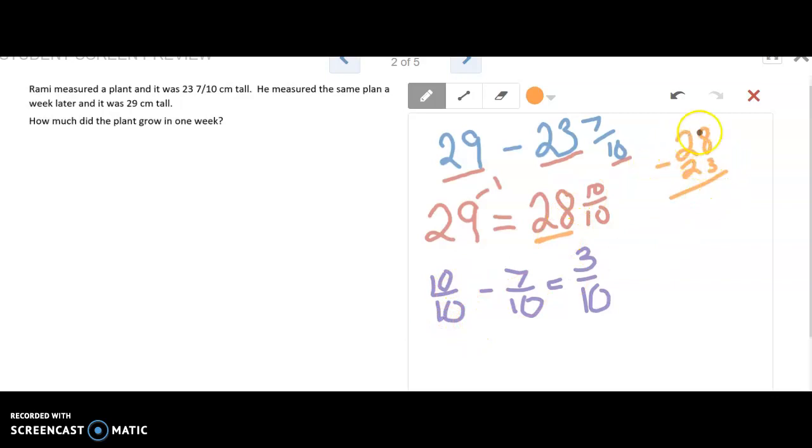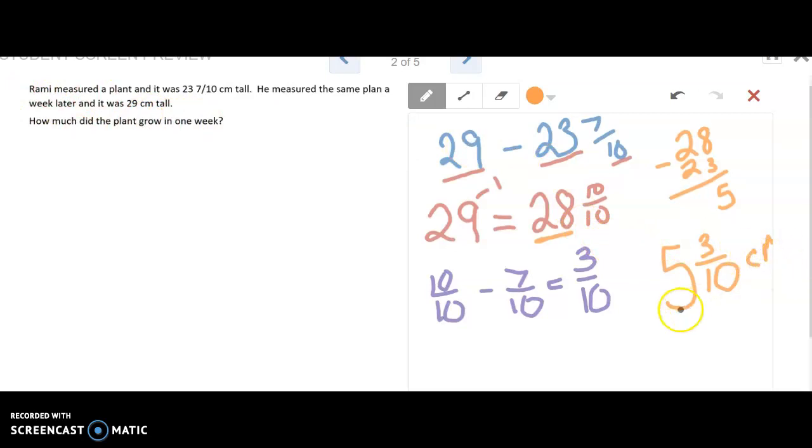All right, so 28 minus 23 gives me 5. So my whole number is going to be 5. My fraction part's going to be 3/10. And I can go back and say that in 1 week, Rami's plant grew 5 3/10 centimeters.